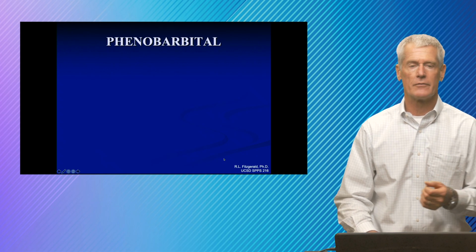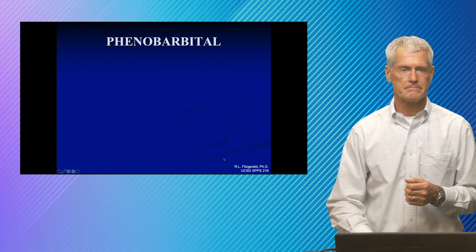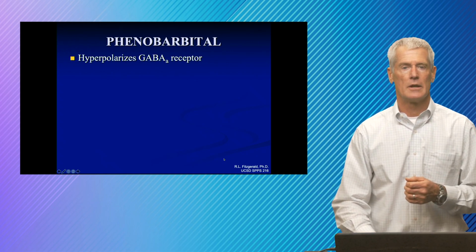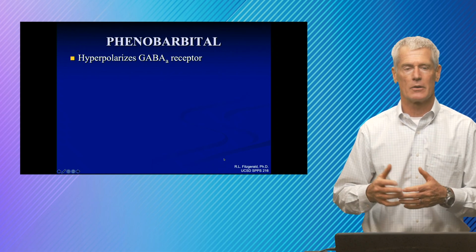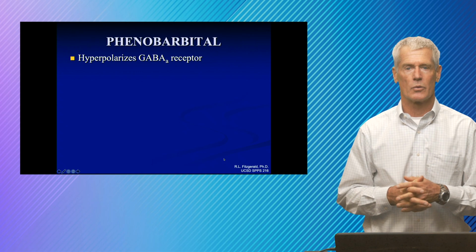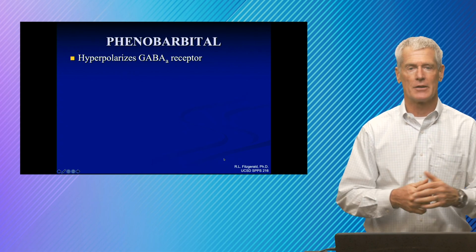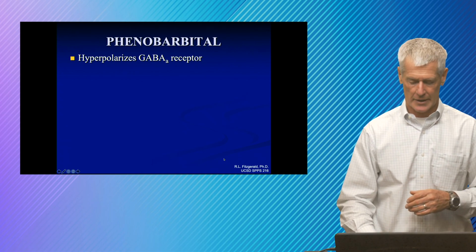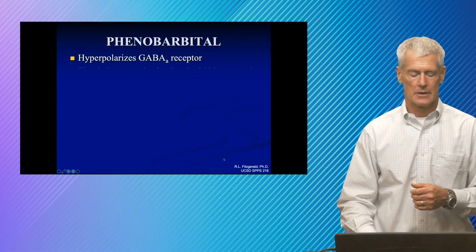Phenobarb, another anticonvulsant, still commonly used, works through GABA as well. It's working at the GABA receptor, unlike valproic acid, which is working on an enzyme that metabolizes GABA. So it's a direct GABA agonist.